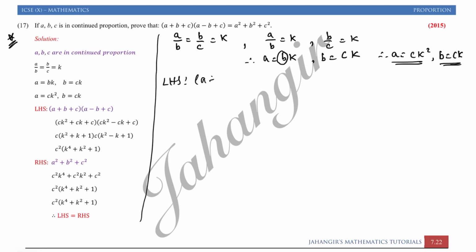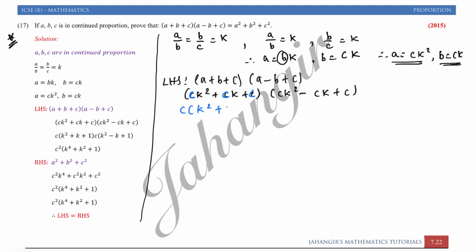In LHS I have A plus B plus C into A minus B plus C. A value is CK square plus B value is CK plus C. Again A value is CK square minus CK plus C. Taking out C common from all. See here we have C common. So I will take out C common. So I can get K square plus K plus 1, C common, K square minus K plus 1. C into C is C square.